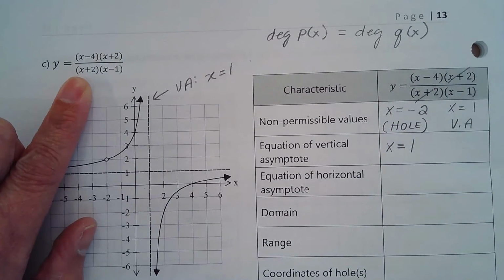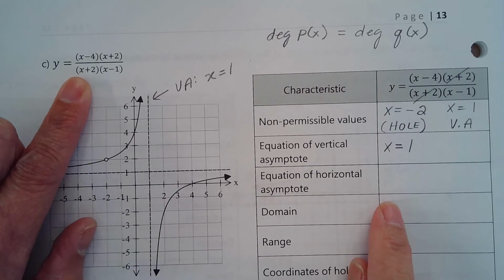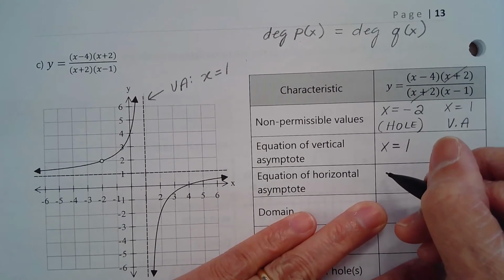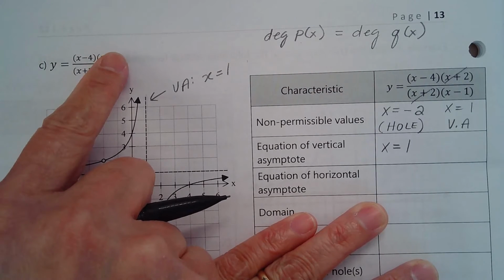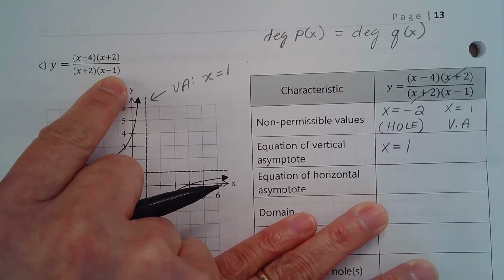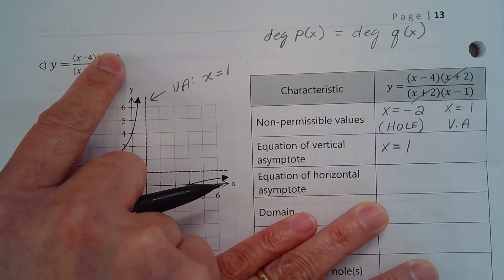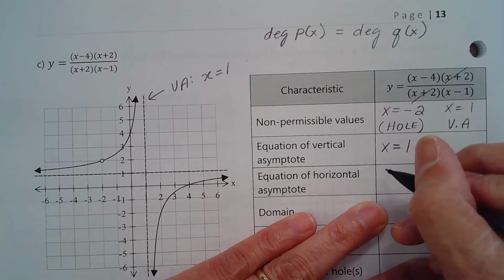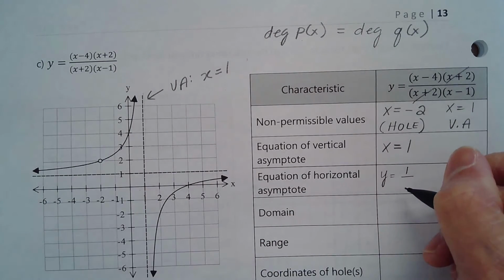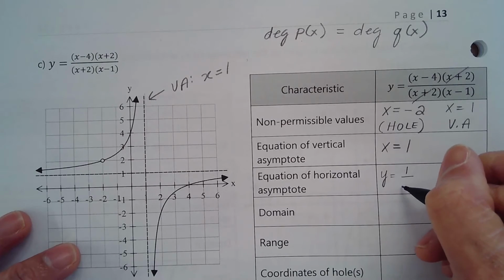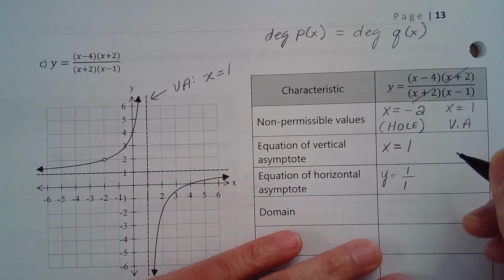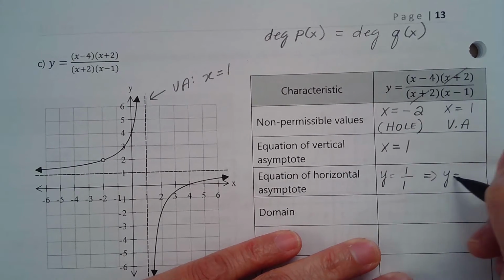That means the horizontal asymptote would be the leading coefficient of p of x divided by the leading coefficient of the denominator. The leading coefficient of the numerator is 1, over the leading coefficient of the denominator, which is also 1. So therefore, the horizontal asymptote is y equals 1.